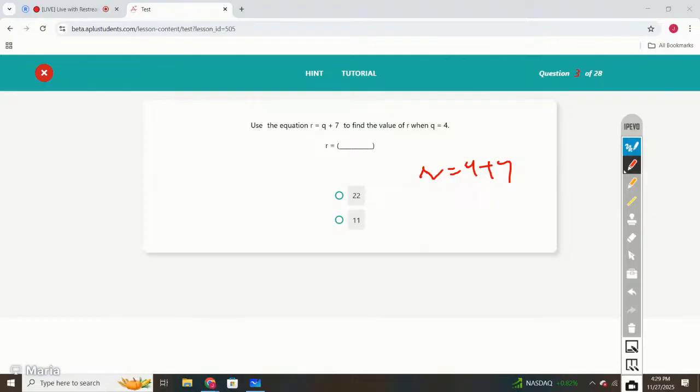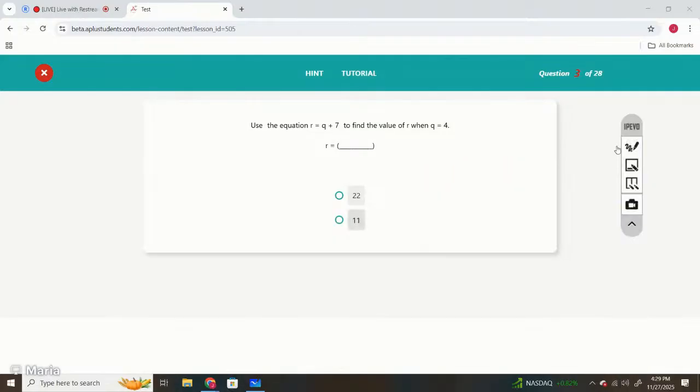So 7 plus 4 equals 11. Option number 2 is the correct option.